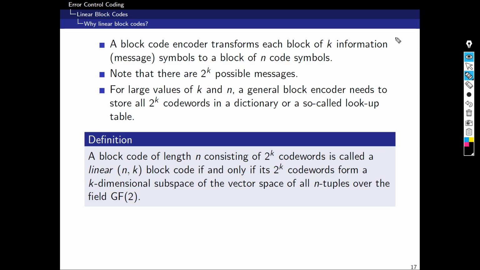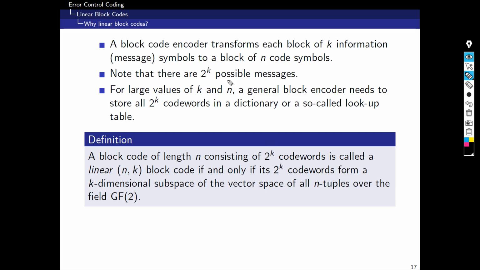In the case when you are using BPSK, each symbol carries only one bit, and therefore the symbols represent one bit. Note that in the case when you have k information bits, there are 2 to the power k different possible messages.